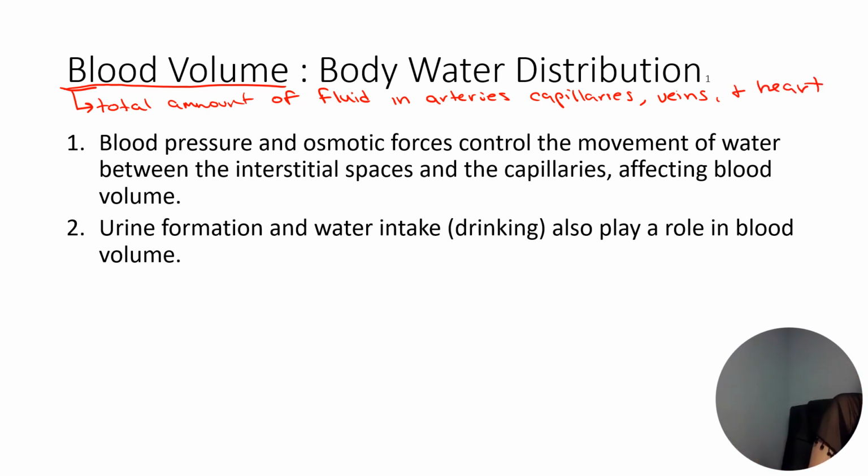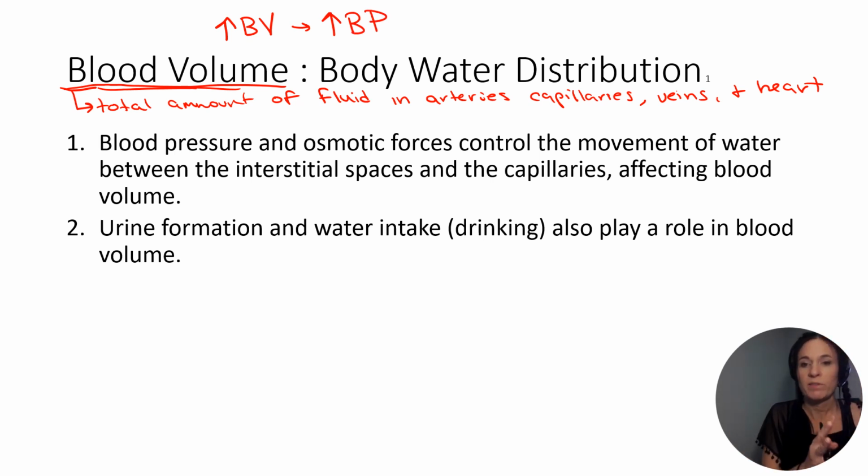And blood volume, we're going to see, has a relationship with blood pressure. So if we have an increase in blood volume, we're going to have an increase in blood pressure.